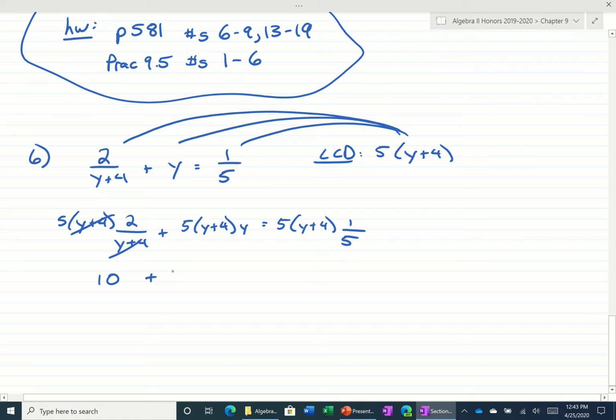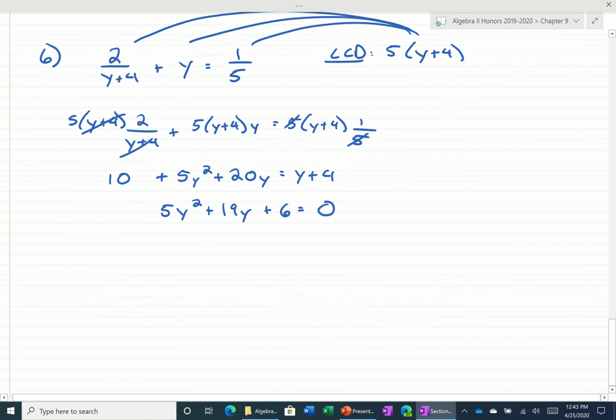Let's see here, this would be 5y squared plus 20y equals y plus 4. Let's get everything on the same side. This would be 19y. This would be 6. And I'm not sure if that is going to factor. So I might have to use quadratic formula.